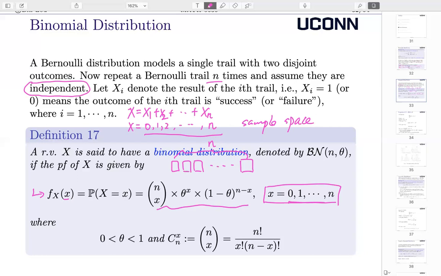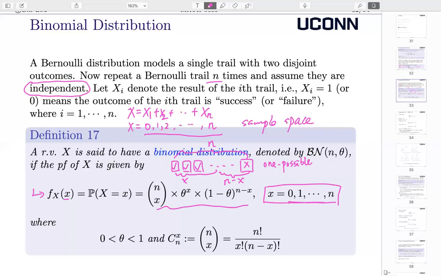Right now I need x successes, so I need x of them, which means the remaining ones are failures. How many? We have n minus x. So this is only one possible scenario.